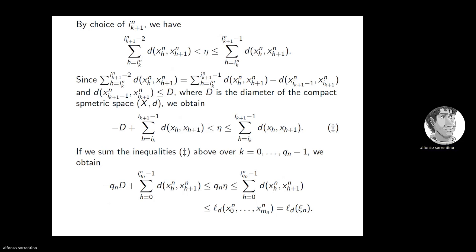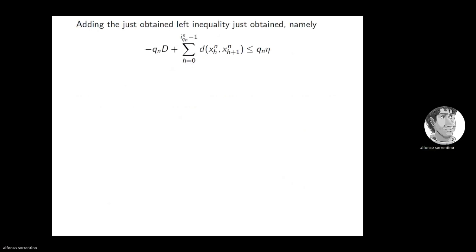But this is less than the sum from h equals 0 to q_n minus 1, and I can add more terms, the left term in the sequence, and I get the length, so it's less than the length.